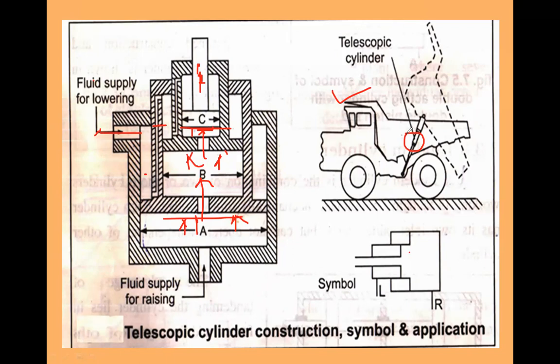That is called the extension or power stroke. Then you take down the mud or sand from the dumper. And after completion of that useful work, to take it down you need to take out this fluid also. For that, here is the fluid supply for lowering.